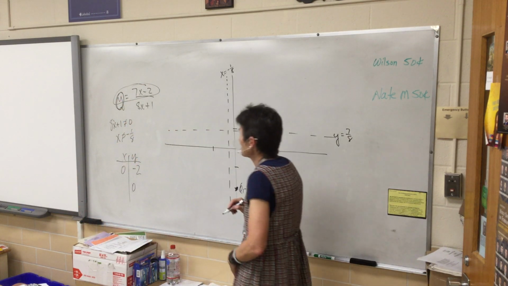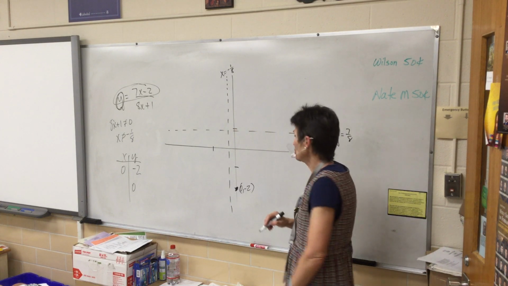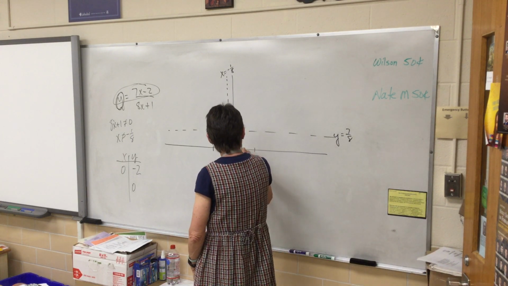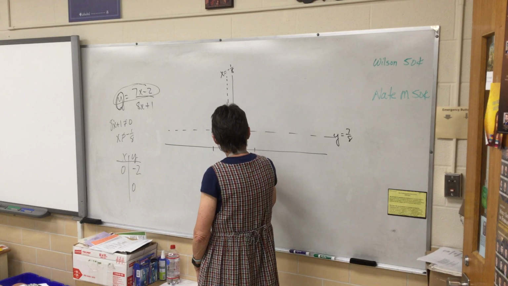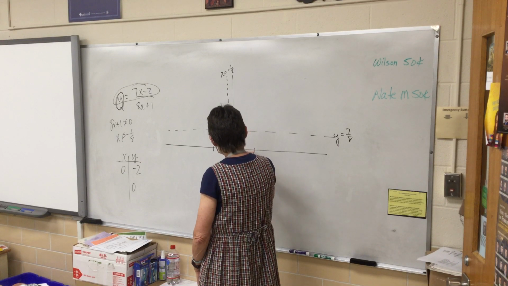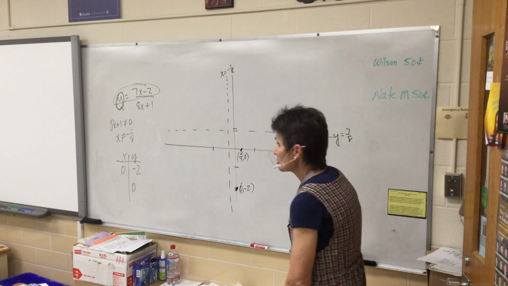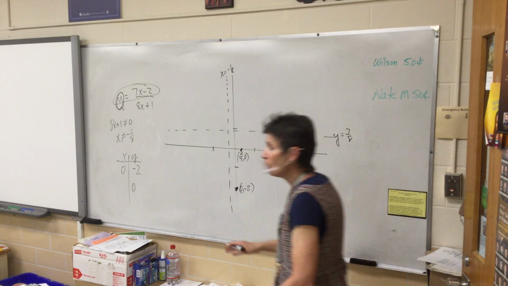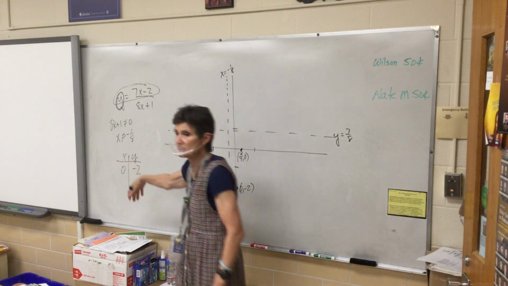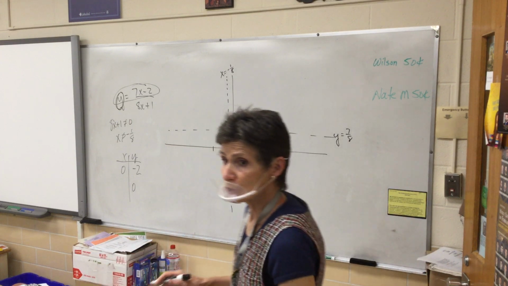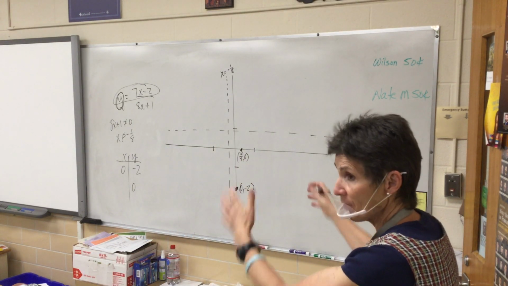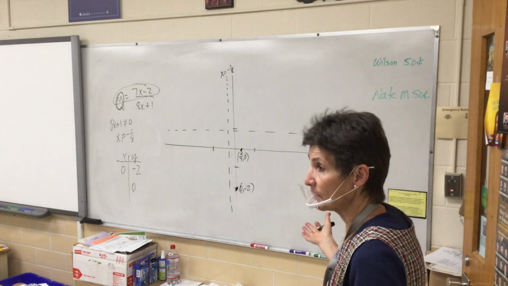So what is your x-intercept? 2/7. Based on that, remember, you can always plot more points if you want. Make up some numbers and plot. But usually, once you get all that, you know what this looks like. You know what this looks like?